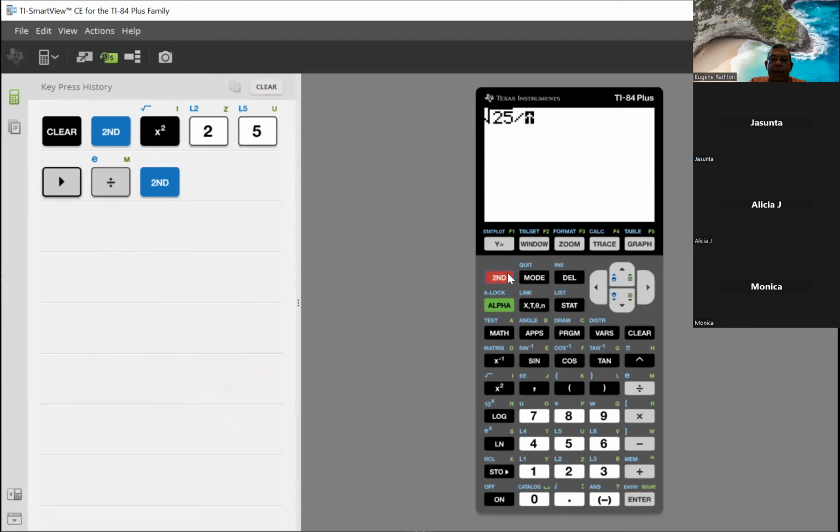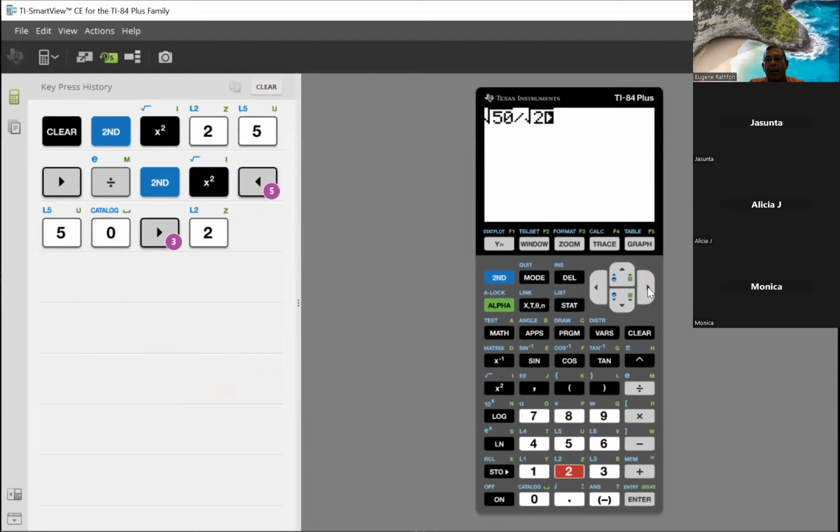And then do the second square root and put in my, whoops, my numbers are wrong. That was a 50, so let me make that a 50. And then over here I'm dividing by what? Square root of 2. So I have my square root of 50 divided by square root of 2. Now notice it'll give me my final answer of 5.